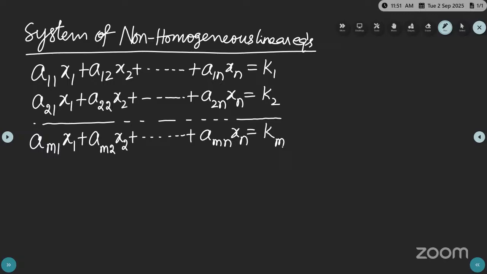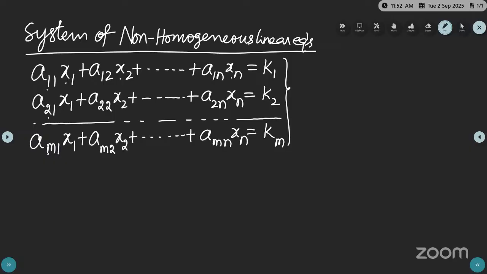How many equations do you have? Count: 1, 2, up to m. How many unknowns? 1, 2, up to n. Each unknown has an exponent, a power.